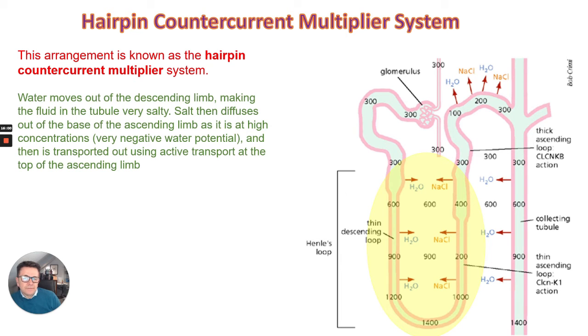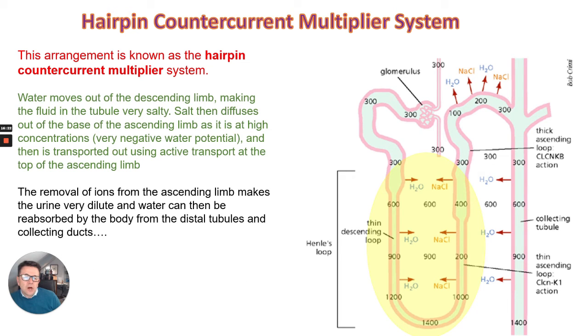Then salt diffuses out of the base of the ascending limb. Because of all the salt, it's changed the concentration gradients, and as it's at a high concentration, it has a very negative water potential. And then it's transported out using active transport at the top of the ascending limb.